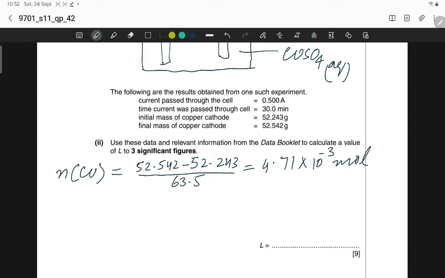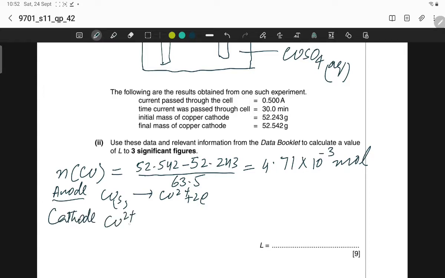Moles of electrons: you know that the anode equation is Cu(s) → Cu2+ + 2e-, and the cathode reaction is Cu2+ + 2e- → Cu(s). So we know that there are 2 moles of electrons.